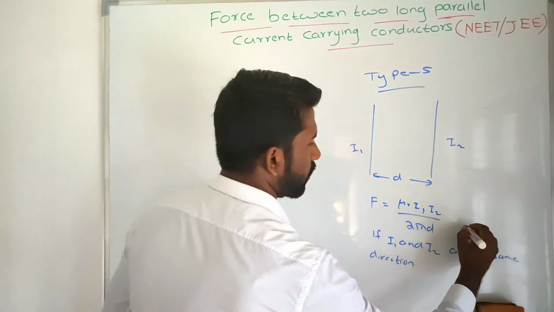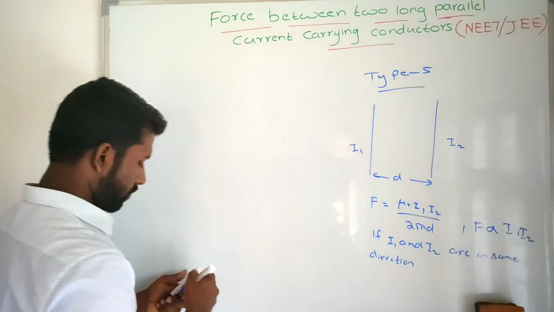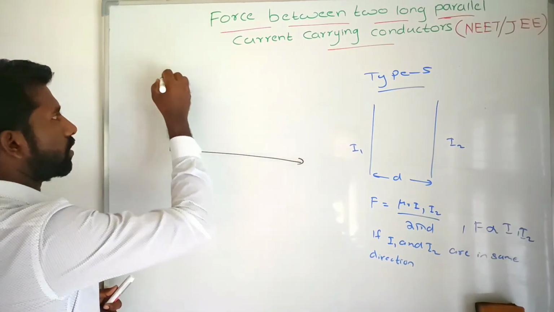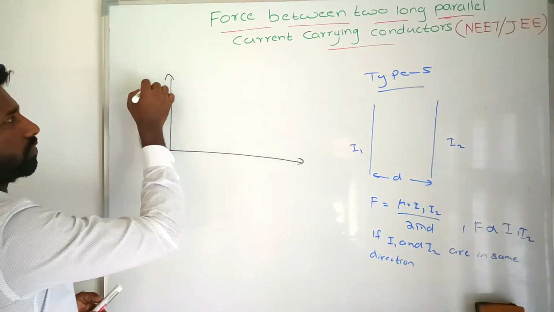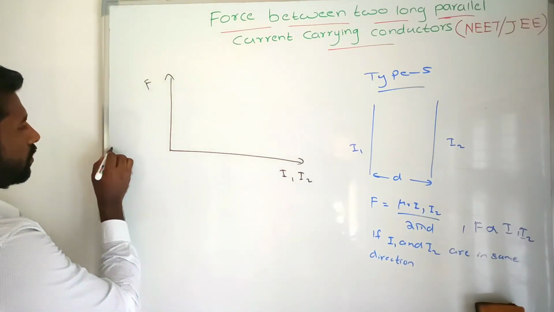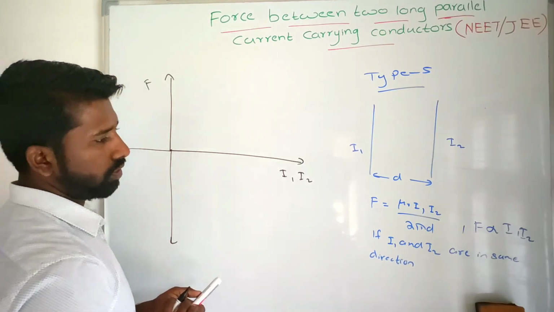From this we can get that the force is directly proportional to I1 into I2. Now I am going to take force on the y-axis and I1 into I2 on the x-axis. Okay, clear?